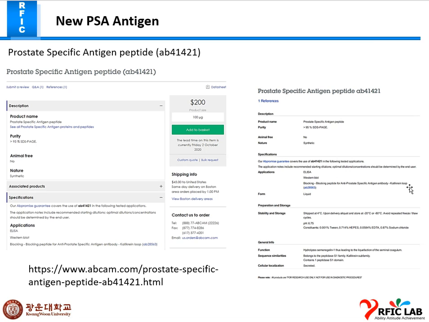This antigen also has tremendous results, because I saw many papers that use this kind of antigen.